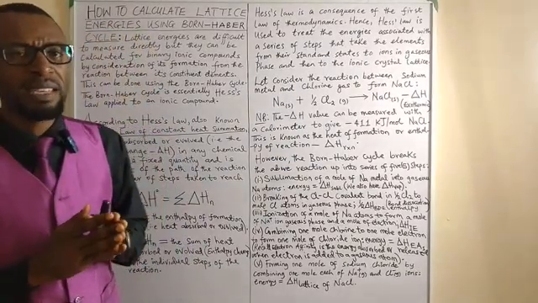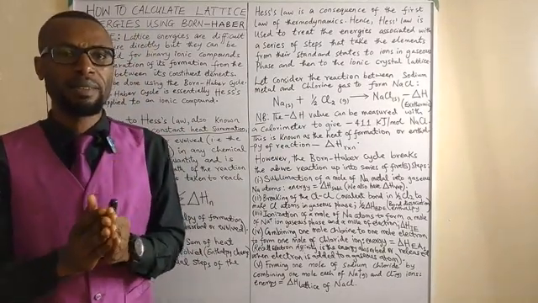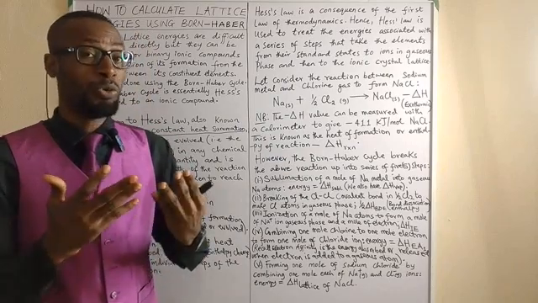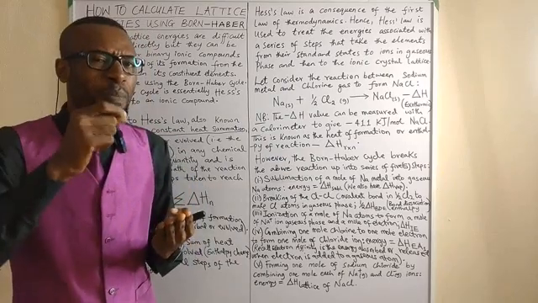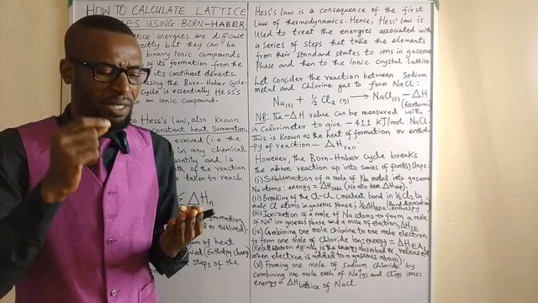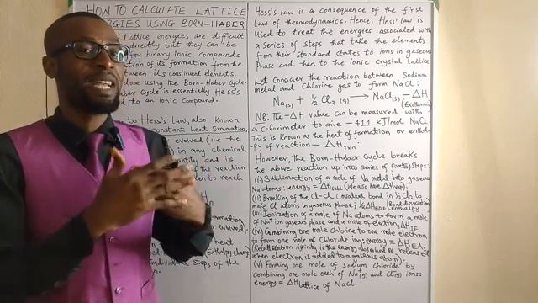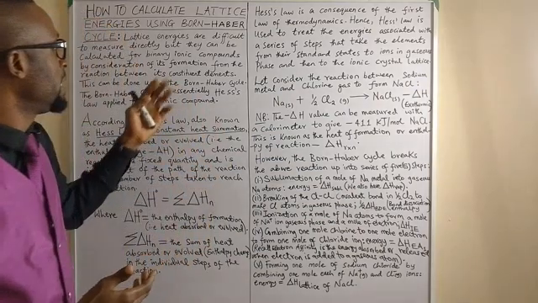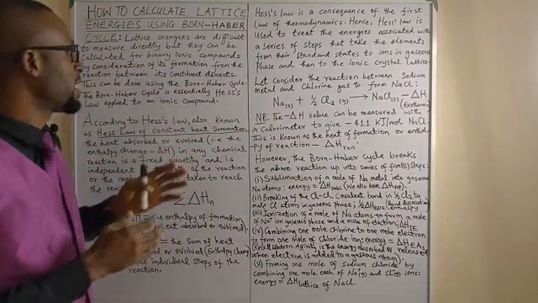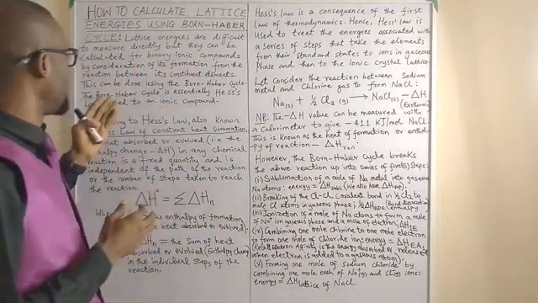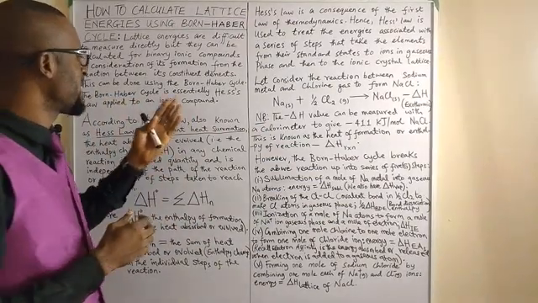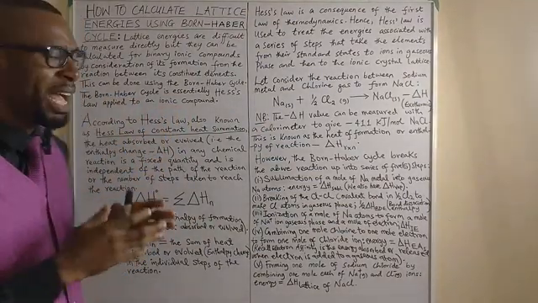So the Born-Haber cycle allows us to know the full story of the stepwise process, the energies of different steps, as elements react or combine to ultimately form an ionic compound. And of course, the Born-Haber cycle is essentially what we call Hess law applied to the ionic compound.